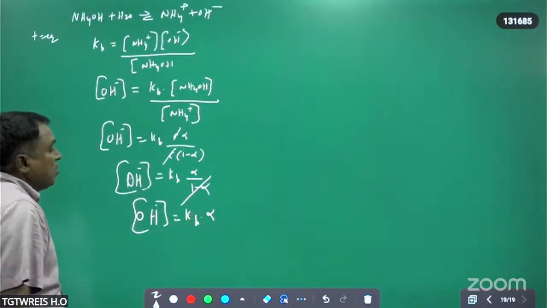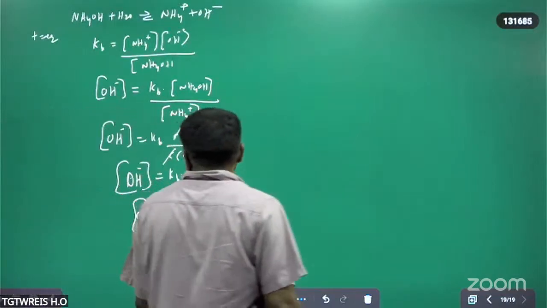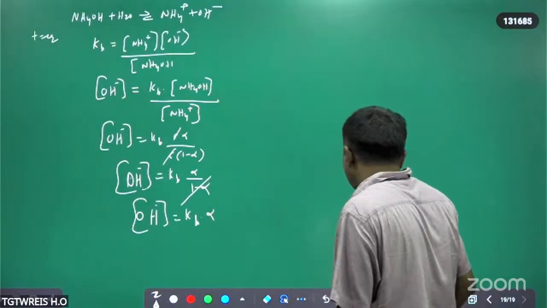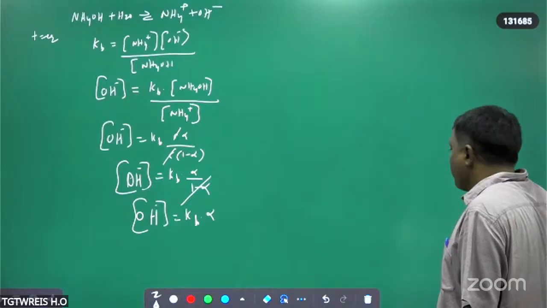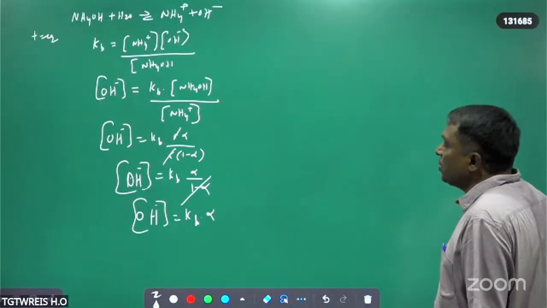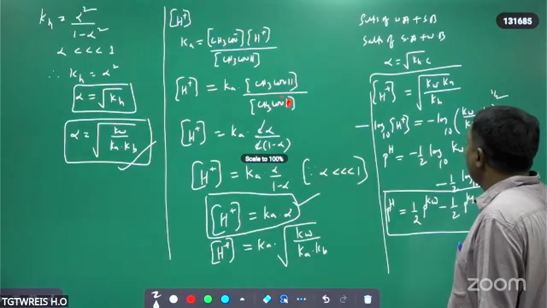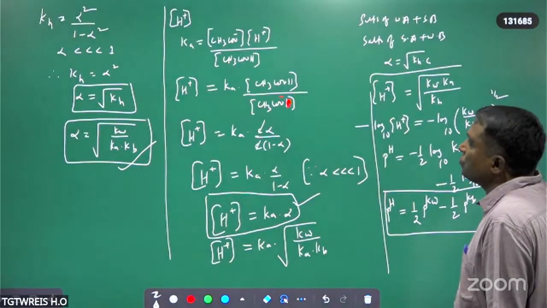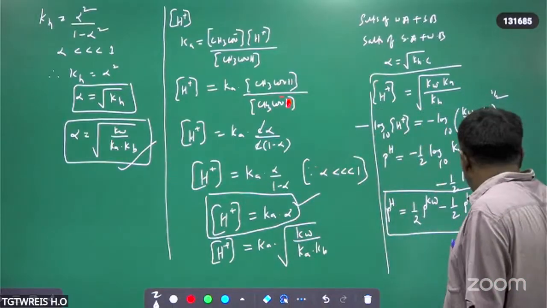Kb into alpha. But alpha equal to what? Kb is equal to what now? This is the Kb. But how can we calculate the Kb? What is Kb now? This is Kb or Kh? Yes. Alpha equal to root Kw by Ka into Kb.